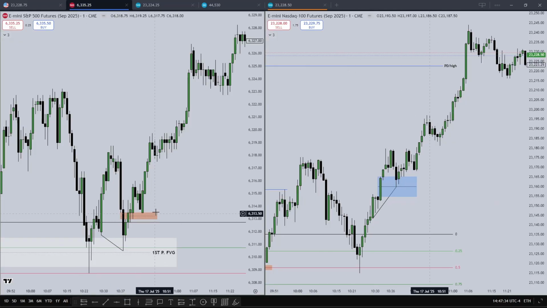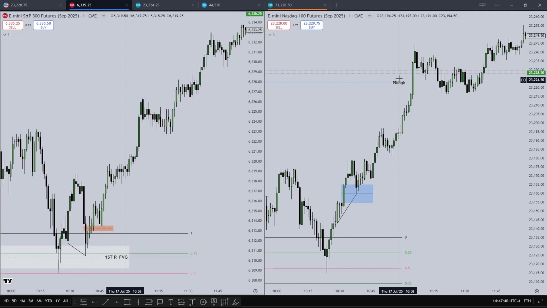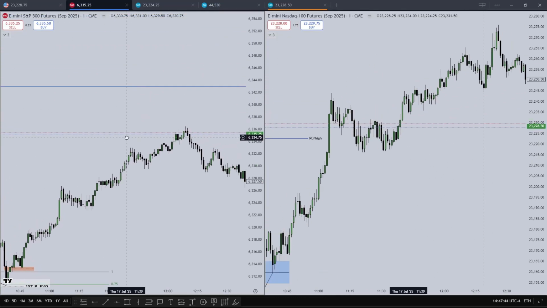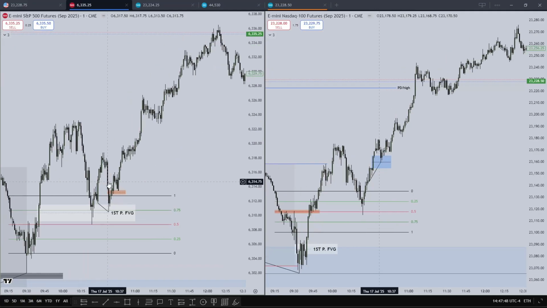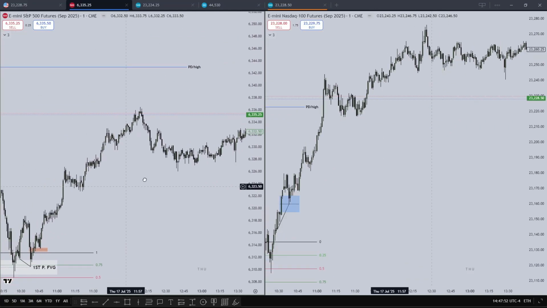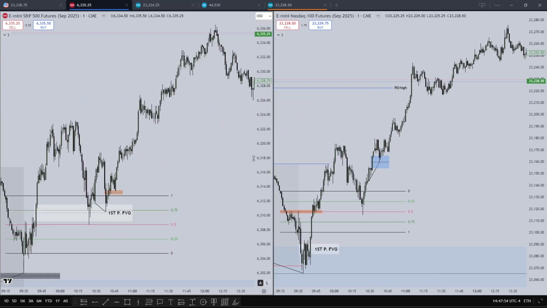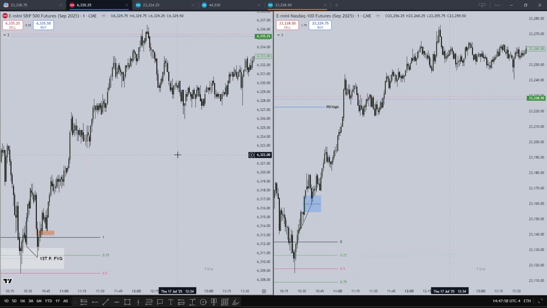Inversion fair value gap, and price continues higher, until the previous day high. That's it. This is primarily our target overall for the day. From here, we went all the way higher.